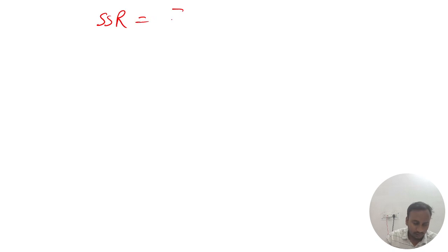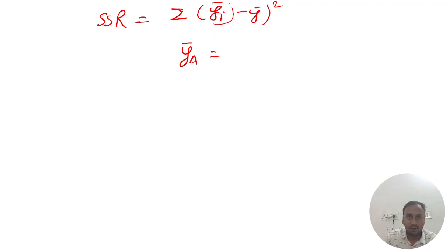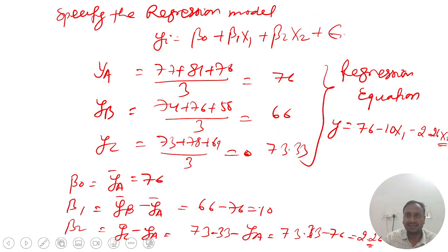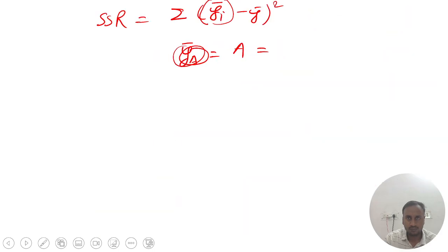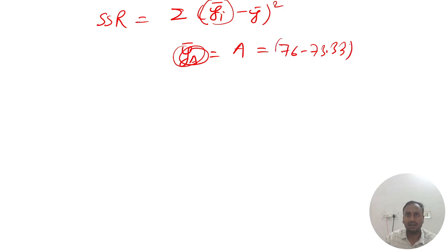The formula is the summation of yi minus y bar whole square. How will we get it? For the group A mean, group B mean, minus the overall mean. So for the case of A, the group mean is 76, so 76 minus 73.3 whole square.